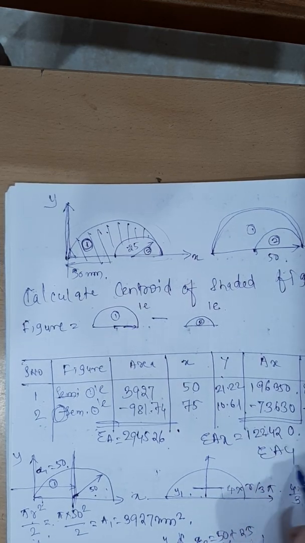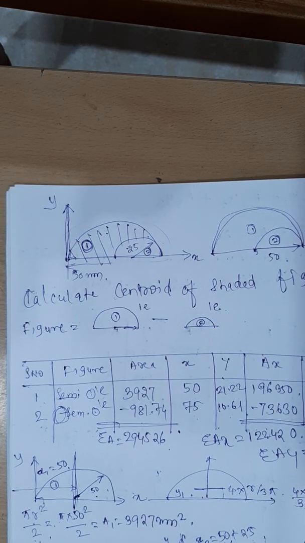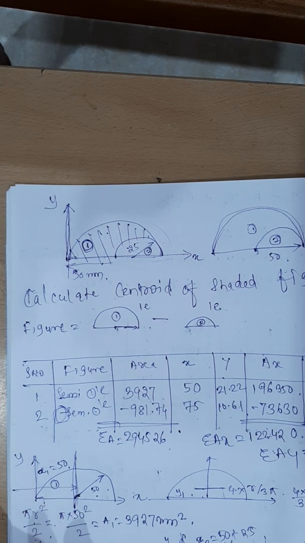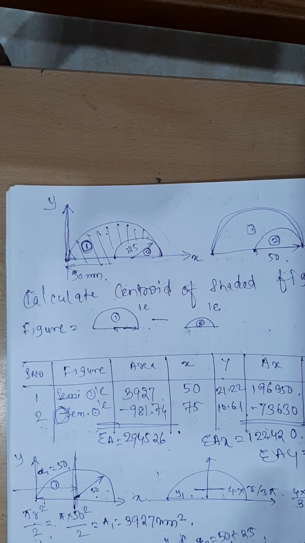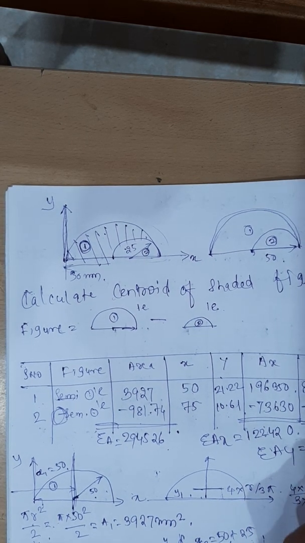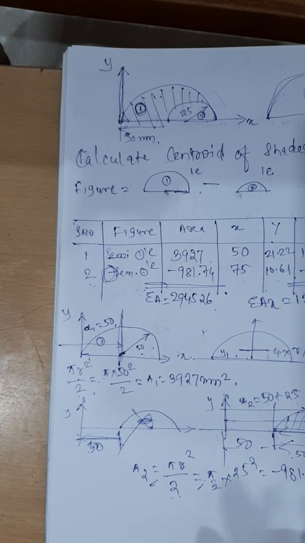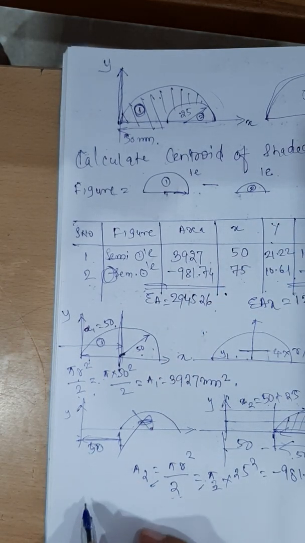Summation of ay, take the total of this column, is equal to 83330 minus 10416, which is 72914. Finally you can get the center of gravity of this particular figure, the centroid.